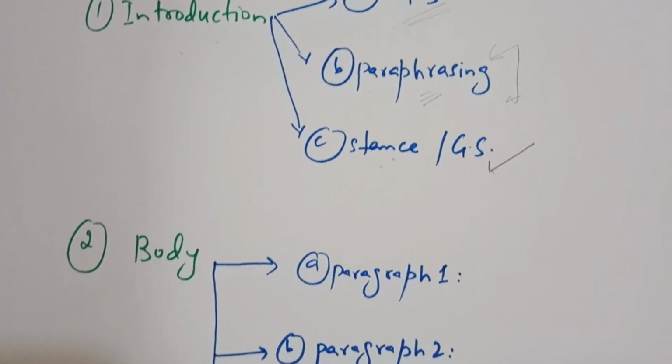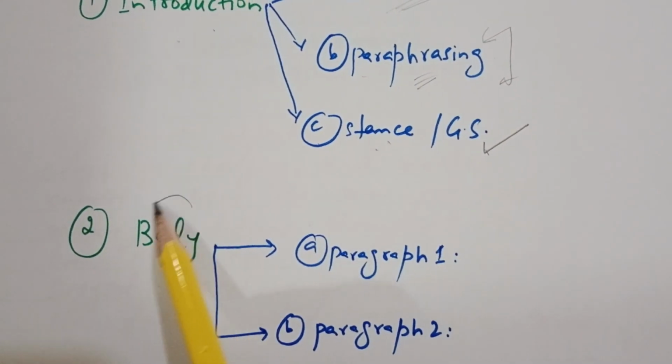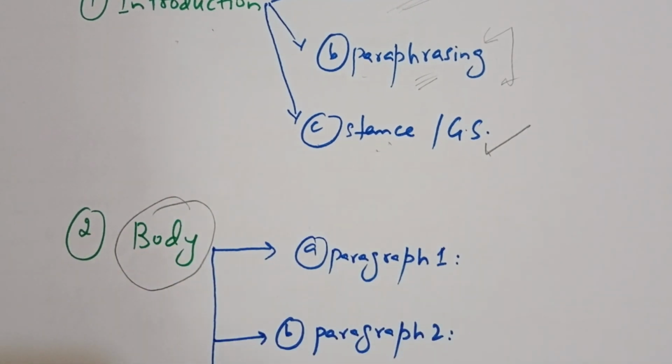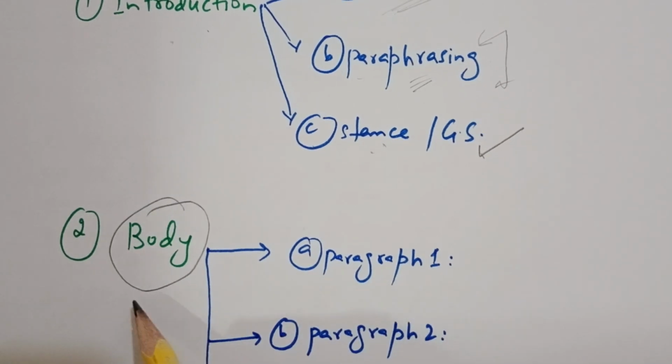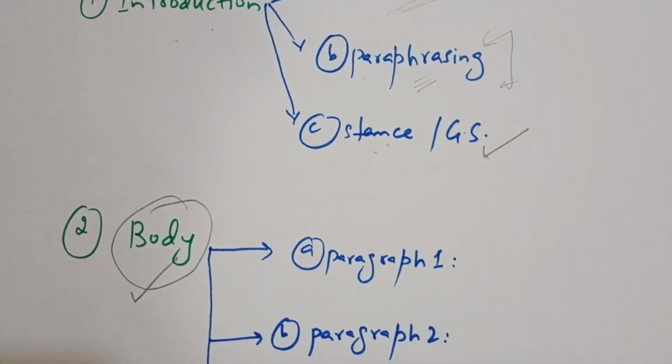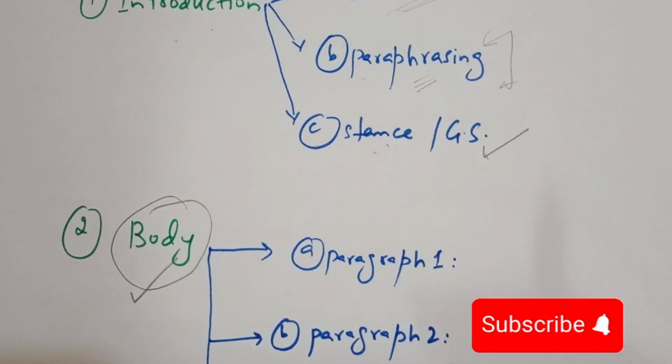The main part of the essay is the body. In earlier IELTS writing task 2 essays, you might have noticed that the body of the essay varies from type to type. So the body of this essay is different from those of the earlier essays.